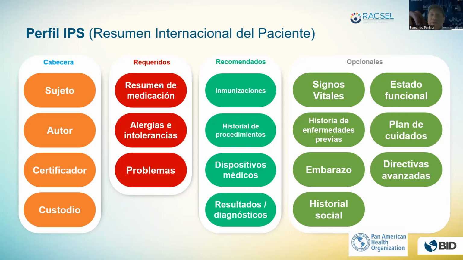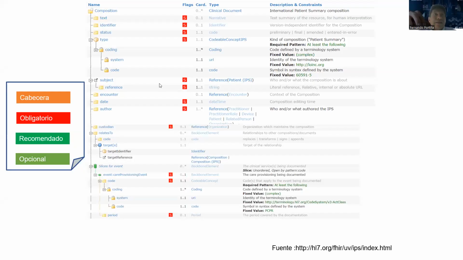And this was agreed upon at a conceptual level, but the advantage is that there is a specification at two standard levels, two versions of the HL7 standard, the CDA version and the FHIR version.